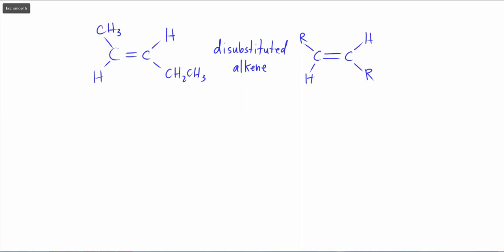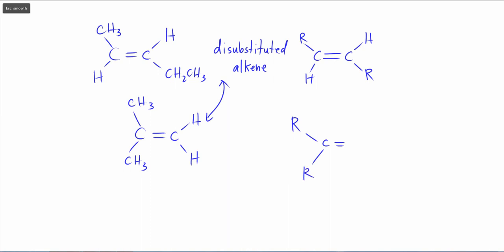And we could also have another disubstitution that takes place on the same sp2 hybridized carbon. So we could have, let's say we wanted a CH3 here, a CH3 here, H, H. This also constitutes a disubstitution where your R groups are CH3s in that case.